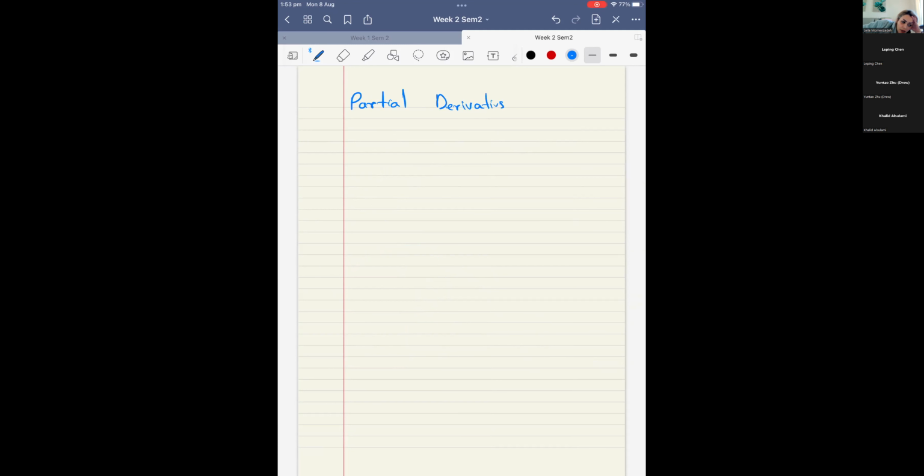Okay. For example, you had before in 2D, if you have this graph, for example, y equal f of x, the slope of this chord is equal to delta y over delta x.